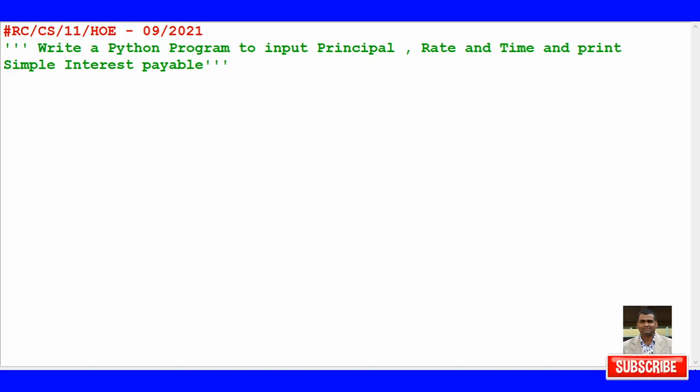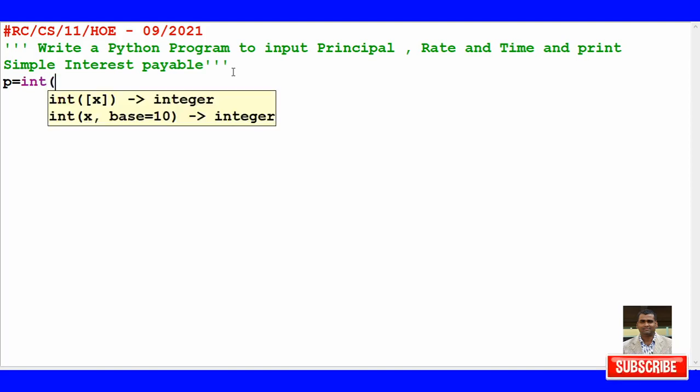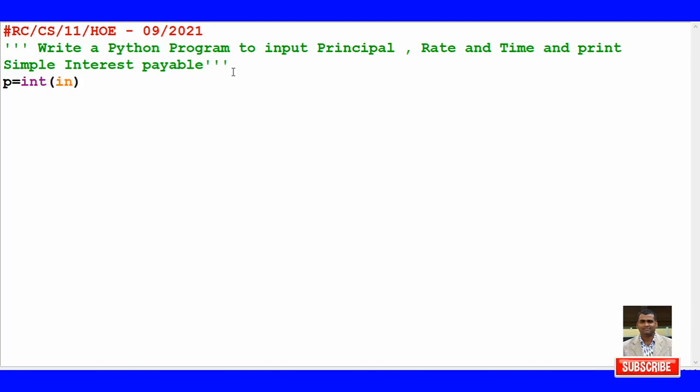So let us start. I am going to take a variable p for principal. I am inputting an integer value, money, here. With input, I am writing here: enter principal amount.